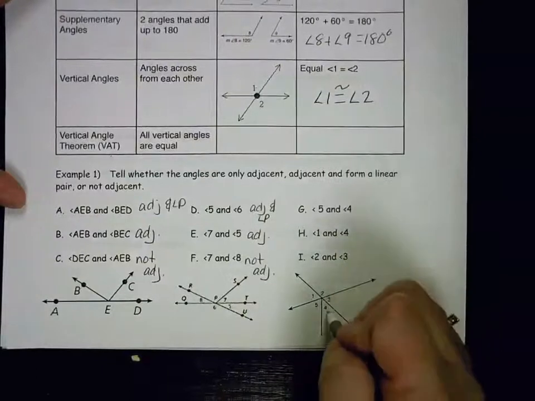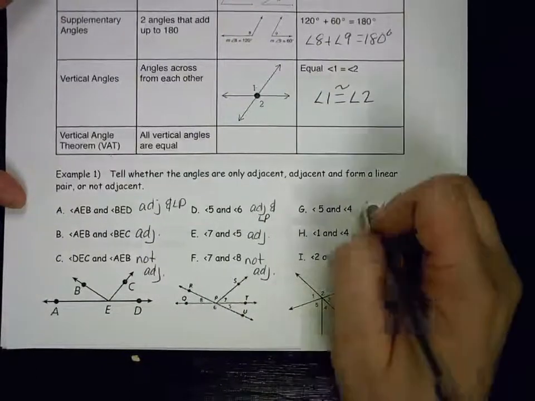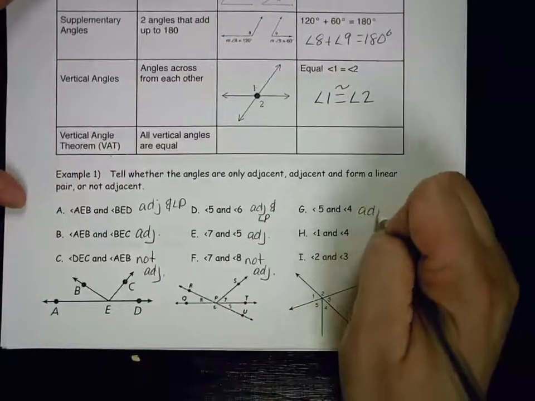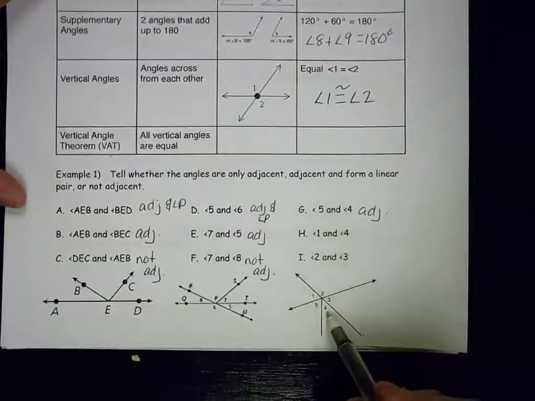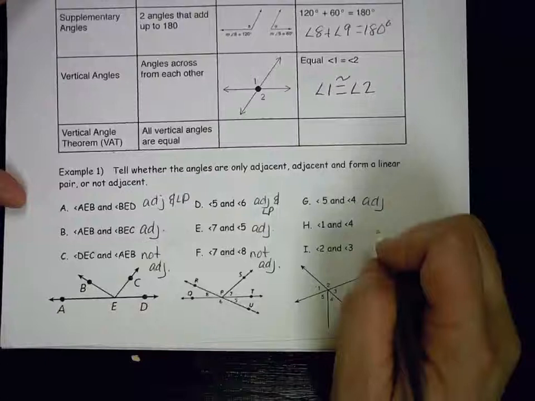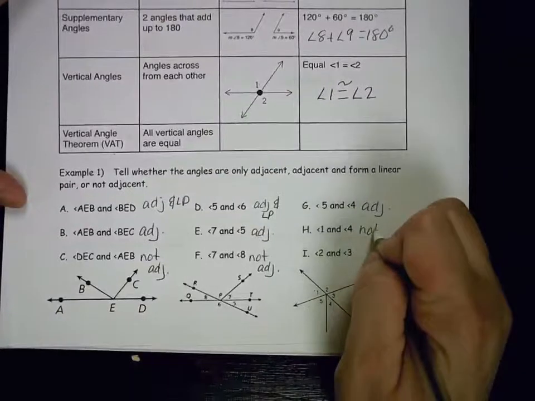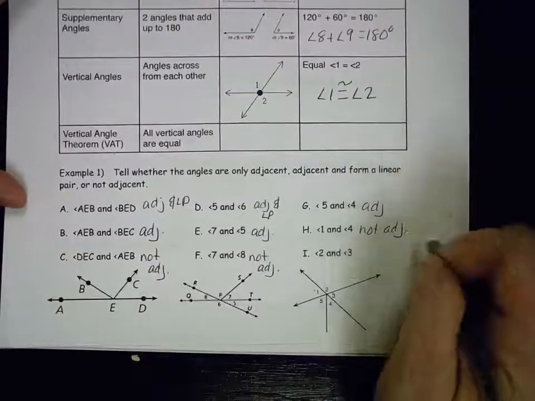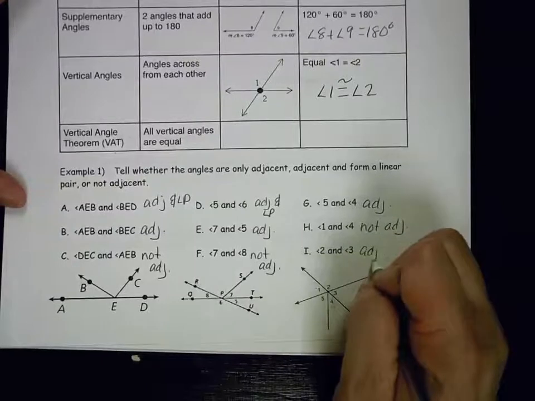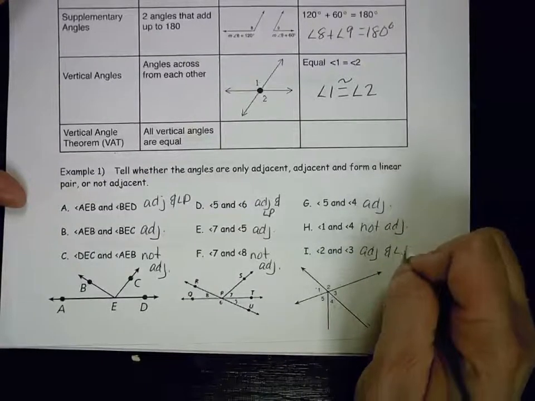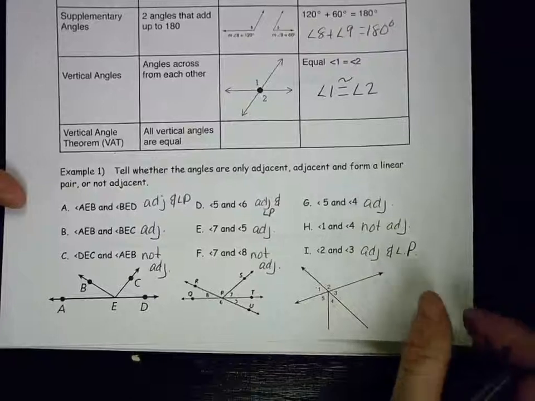Letter G, 5 and 4, they share the side, so they are adjacent. 1 and 4, there's this gap in between them, so they are not adjacent. And then 2 and 3, they are adjacent and form a linear pair.